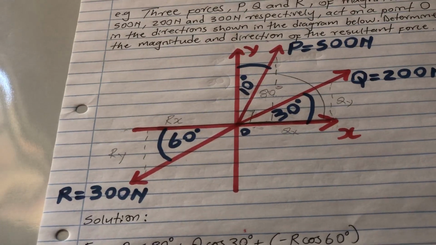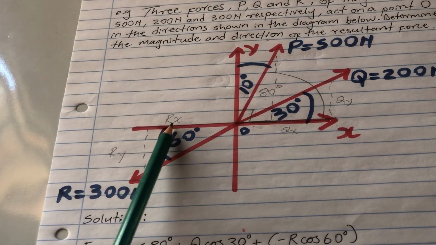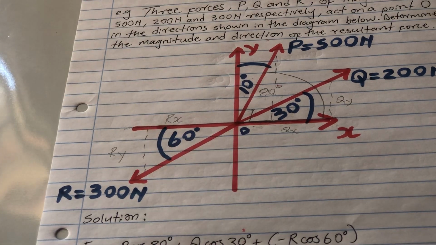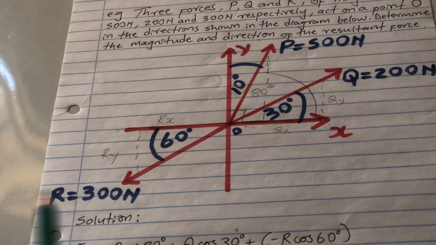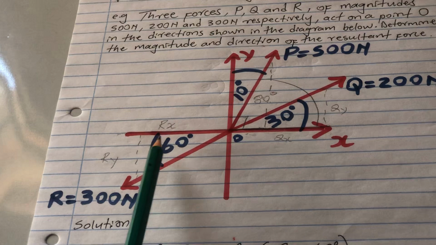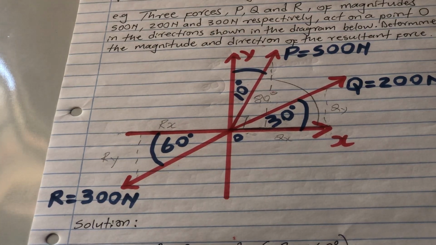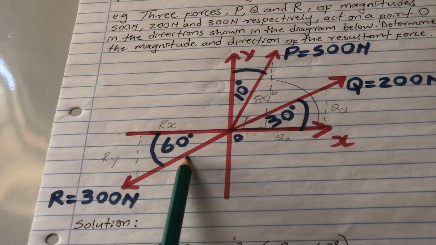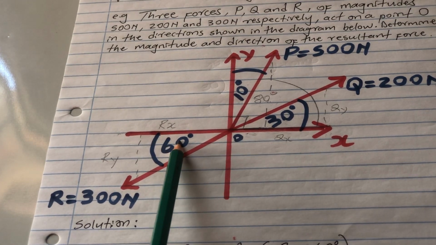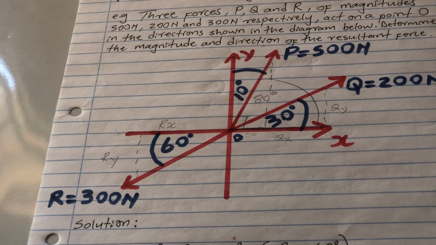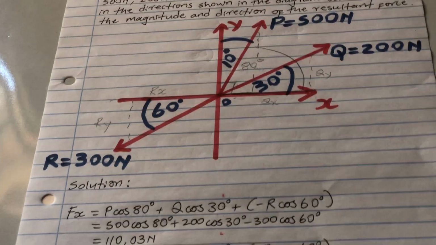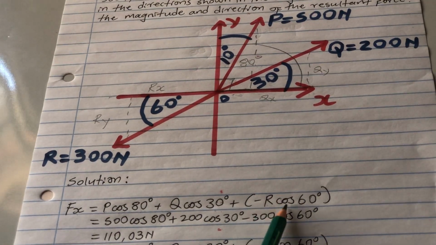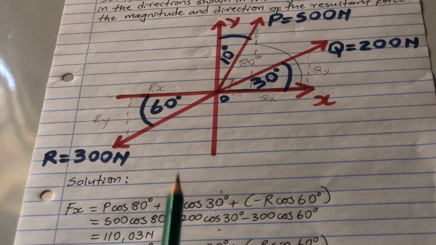Now, what we want here is the formula for calculating RX. The formula for calculating RX will be R cos 60.